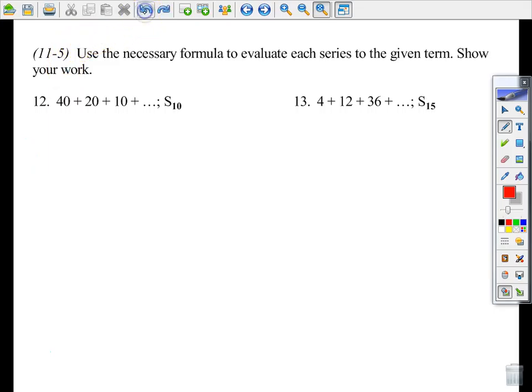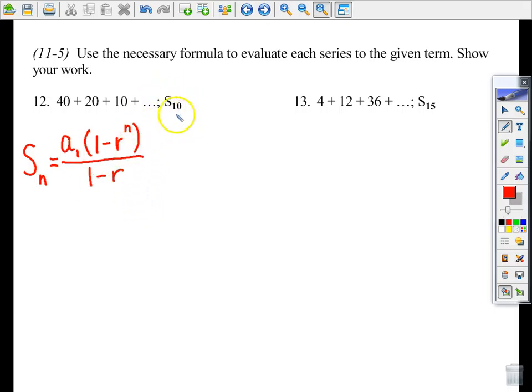We're looking for the sum of a certain number of terms for a finite geometric series. I'll just show it in variables and then we'll plug it in. First term, 1 minus r to the nth power divided by 1 minus r.